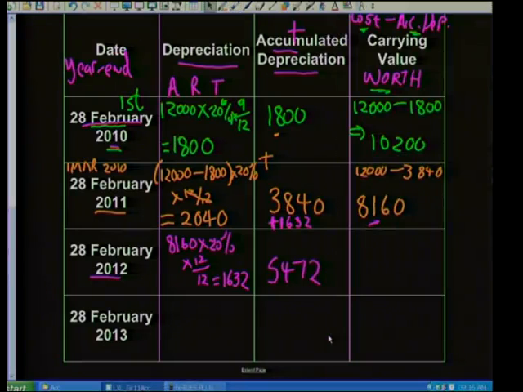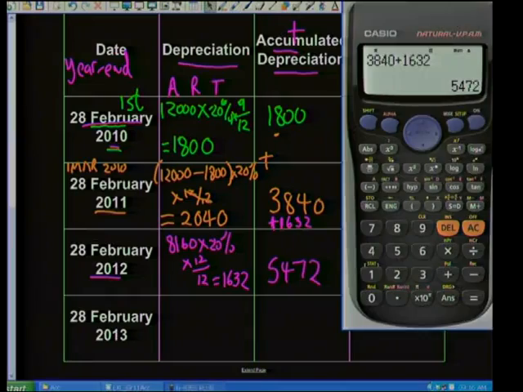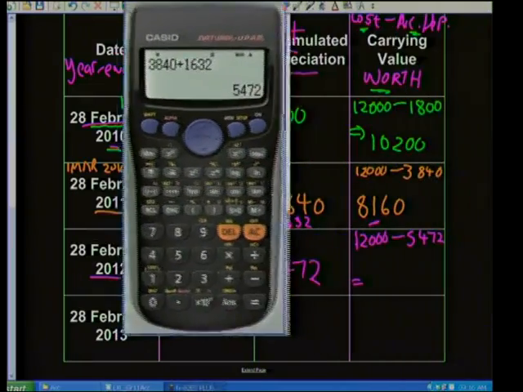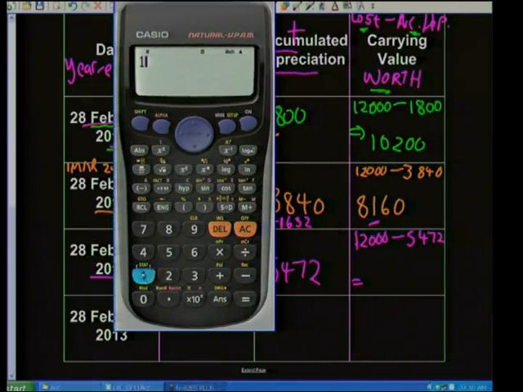Right, let's now look at carrying value. Carrying value again is obviously the cost, which is 12,000, minus the accumulated depreciation 5,472, and this laptop is now worth, let's move that across. 12,000 was the original cost, but now we've written off a total accumulated depreciation of 5,472.